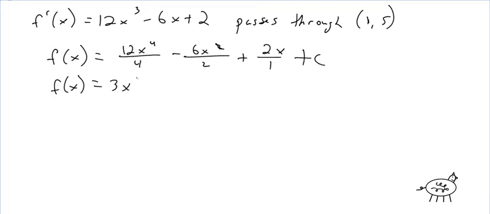So let's simplify that. We got 3x to the 4th minus 3x squared plus 2x plus c. But now I'm giving you a point. I'm giving you an x and a y, and you have to find c. So y is 5, x is 1.